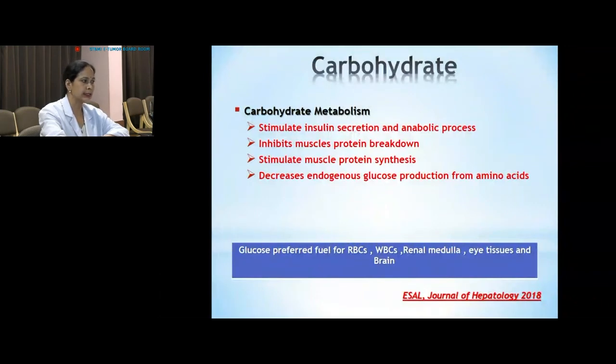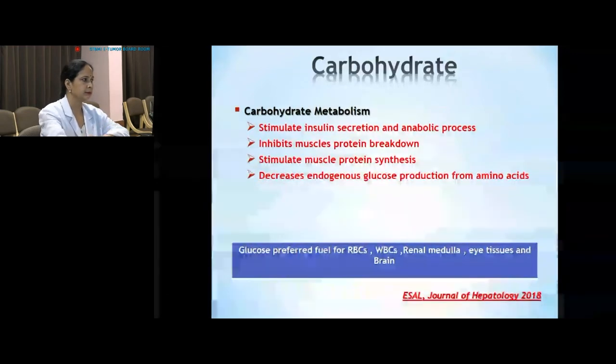If the carbohydrate intake is proper, that decreases endogenous glucose production from amino acids. So amino acids or protein can be spared for muscle mass and for building other proteins like serum transferrin. A normal level of serum transferrin can be achieved, and albumin can be maintained.